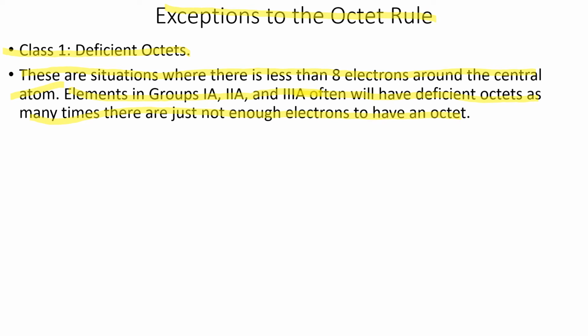Remember, things in group 1A are only contributing 1 valence electron, group 2A 2, group 3A 3. A lot of times you just won't have enough electrons in place in order to have an octet. And you don't run across these extremely frequently, but you do run across them occasionally, so we do want to do an example to show you how to deal with these.